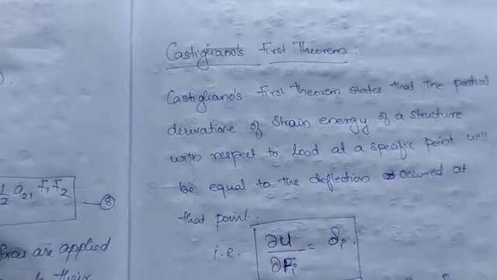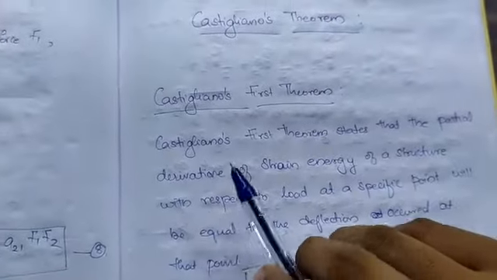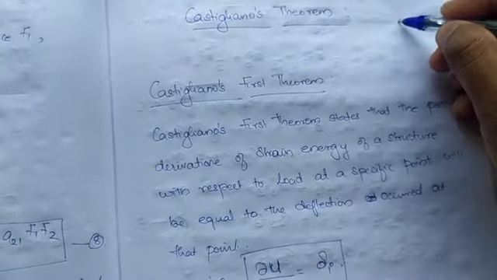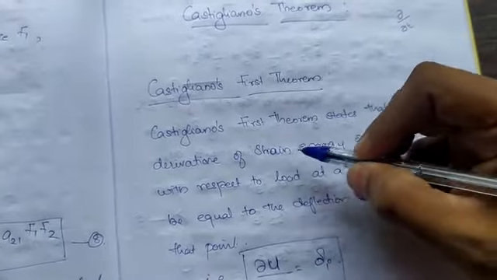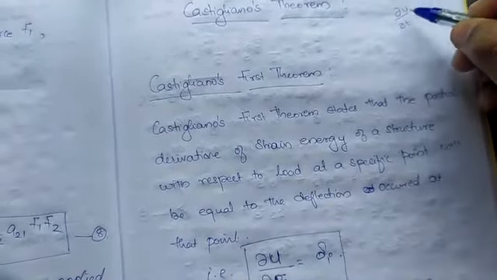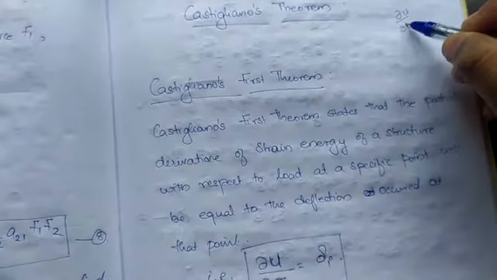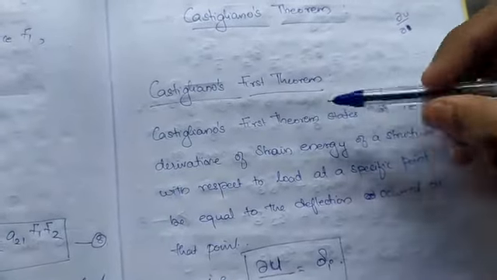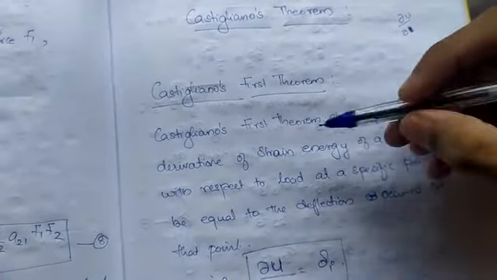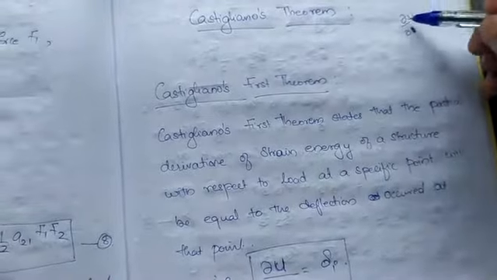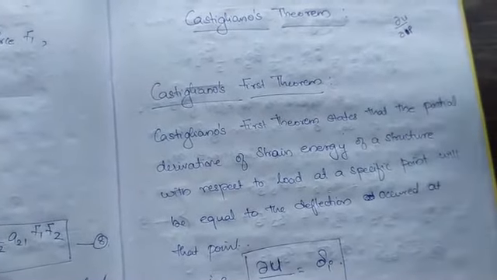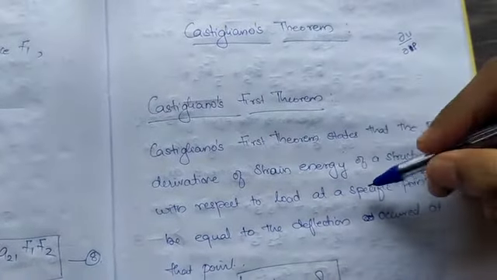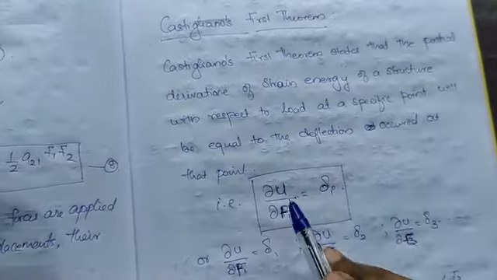It states that the partial derivative, that means dou by dou P, of strain energy, it's not dt, the derivative of strain energy of a structure with respect to load, dou U by dou P. Here it is given at a specific point.